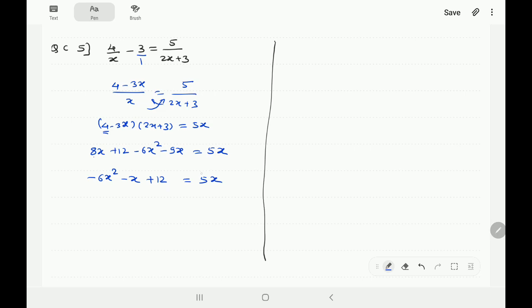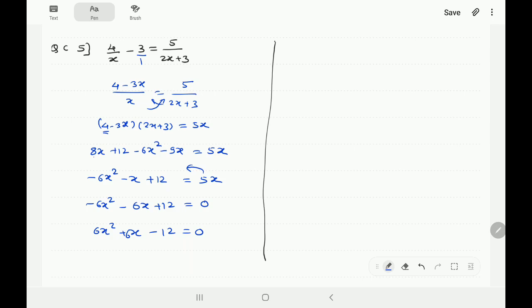Standard form again as we know, so shifting 5x this side I get minus 6x square minus x minus 5x minus 6x plus 12 equals 0. Changing the signs of all the terms, I get 6x square plus x plus 6x minus 12 equals 0.